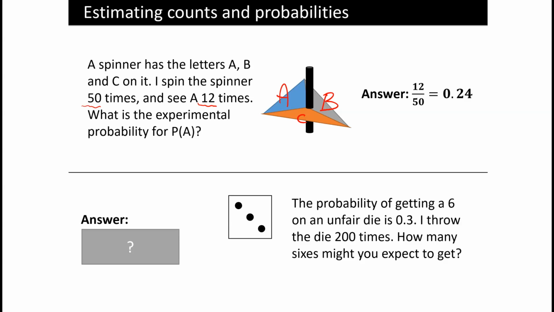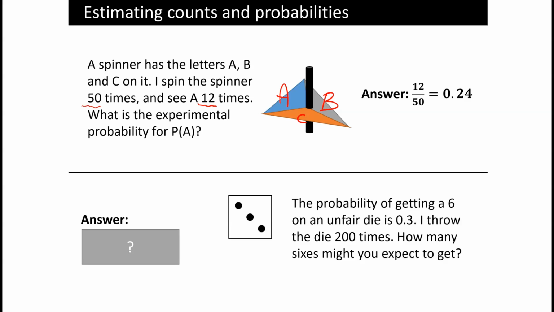Now, the second example we've got here. The probability of getting a 6 on an unfair die. In other words, it's not an equal chance to land on each number. The probability is 0.3, but you're going to throw it 200 times. How many 6s might you expect to get? There is going to be a calculation involved, so have a little think about what you would do to work out how many times you would get a 6.